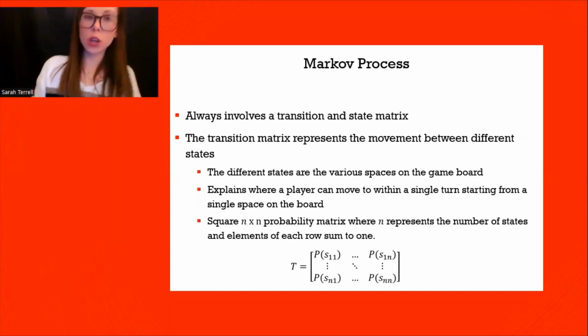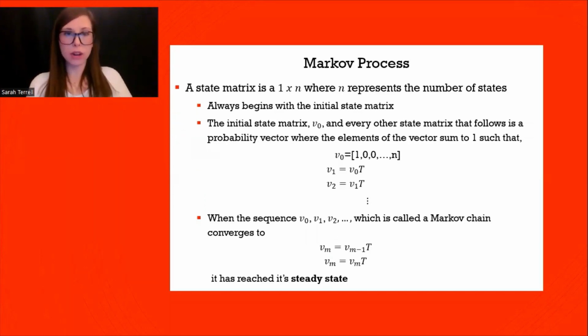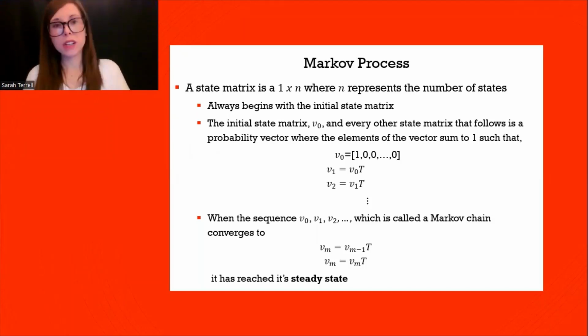Okay, so once we have this, we combine it with what's known as a state matrix. A state matrix is always a 1 by n matrix, where n, once again, represents the number of states. A state matrix always begins with what's known as the initial state matrix, which we're going to denote as V0, and every other state matrix that follows is a probability vector where the elements of the vector always sum to 1.